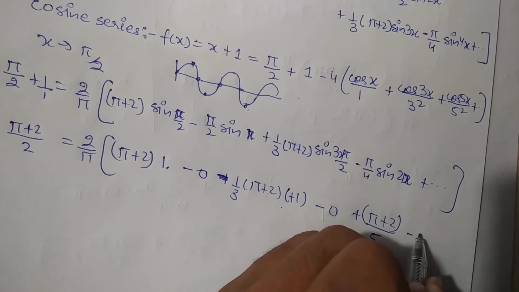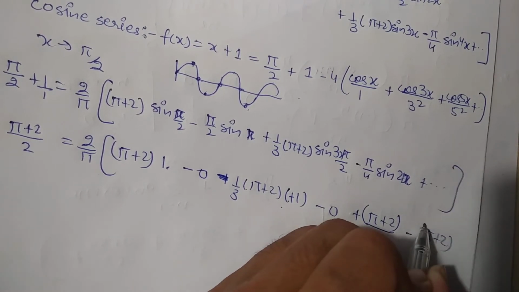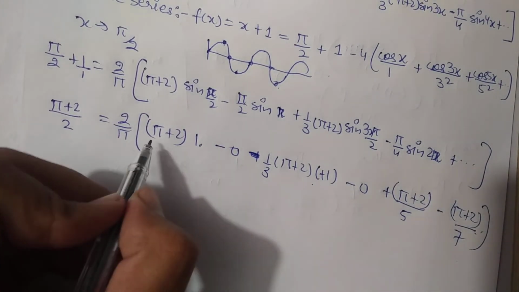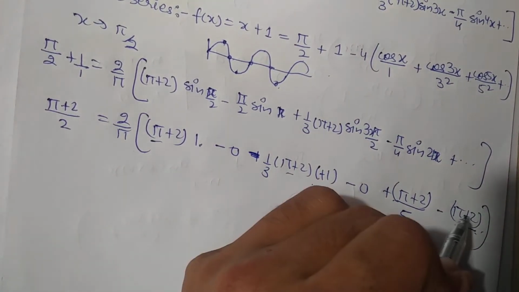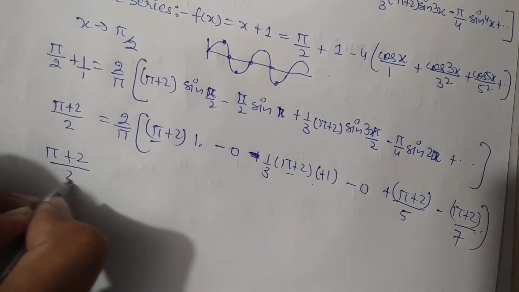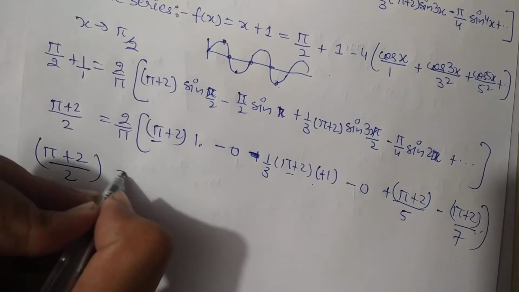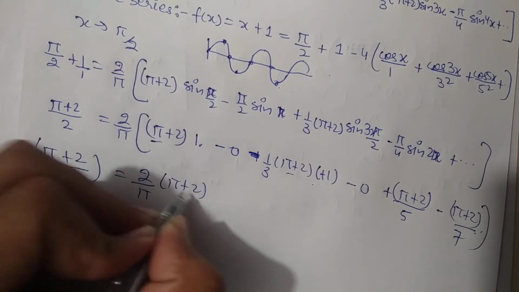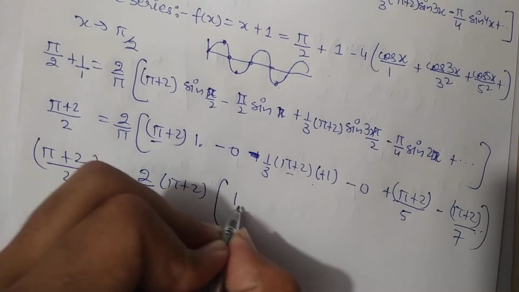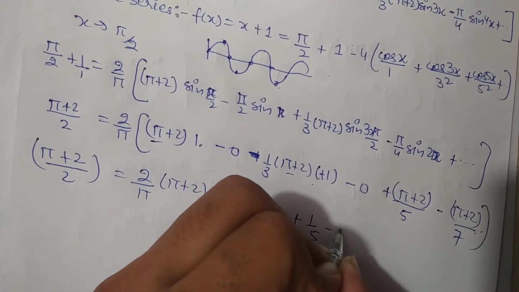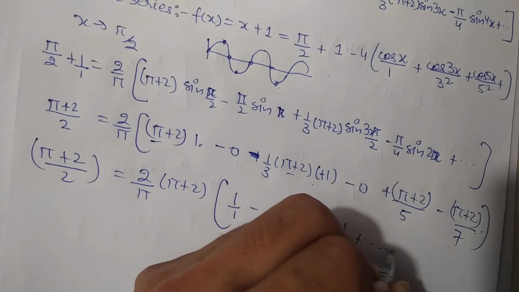Now again minus pi by 2 divided by 7, up to infinity. Here I can take pi by 2 common, and on the left hand side pi plus 2 by 2 equals 2 by pi into pi plus 2. I am taking pi plus 2 common, and inside 1 by 1 minus 1 by 3 plus 1 by 5 minus 1 by 7, up to infinity.